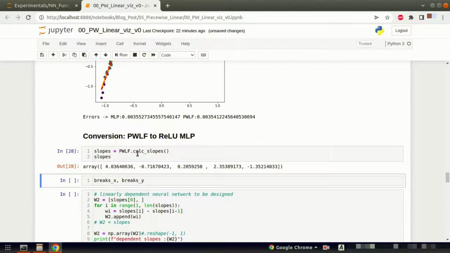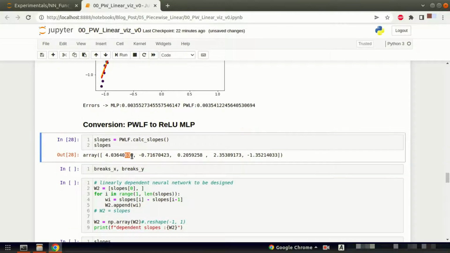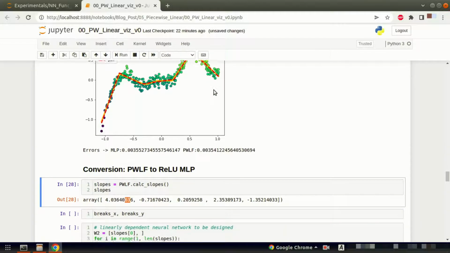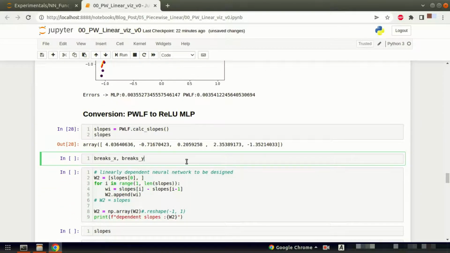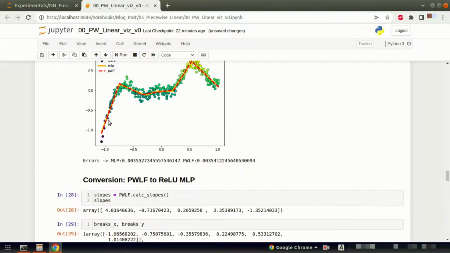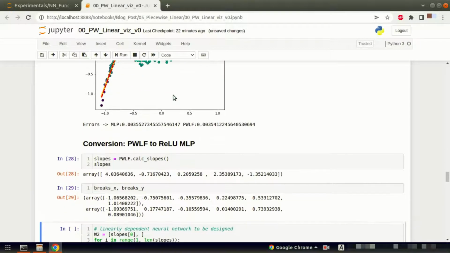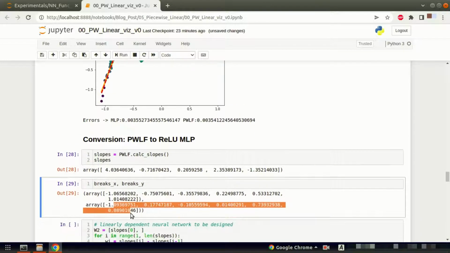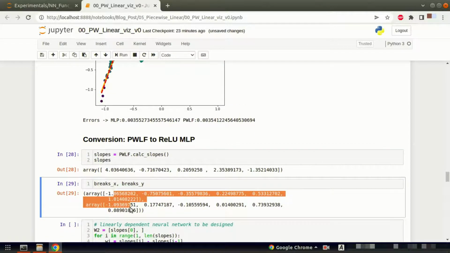And here we find the slopes, and we can agree that it's 4, minus 0.7, 0.2, 2, and minus 1 point something, right? And we can also check the breaking points. Minus 1 point something, 0.7, 0.3, minus 0.3, 0.2, and so on, right? There is also y breaking points, and these combine to make piecewise function, right?